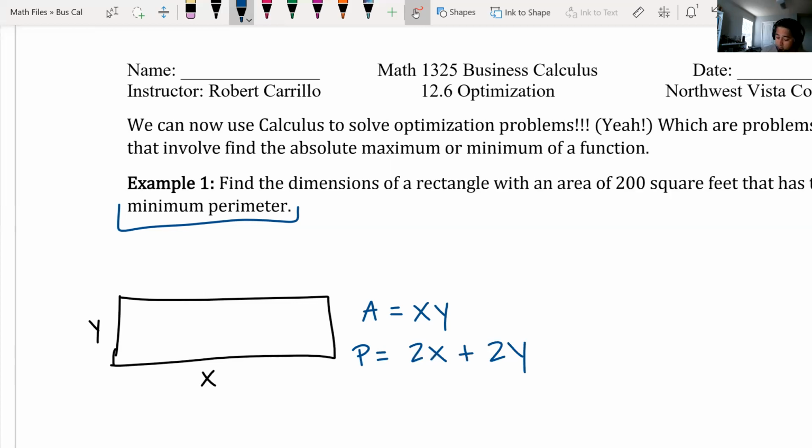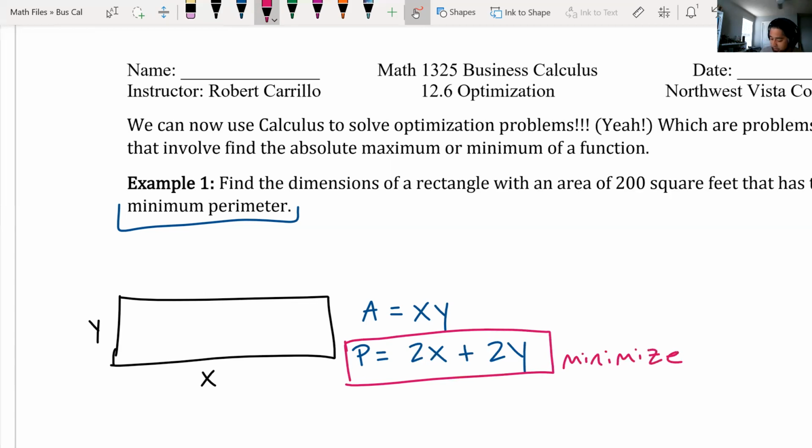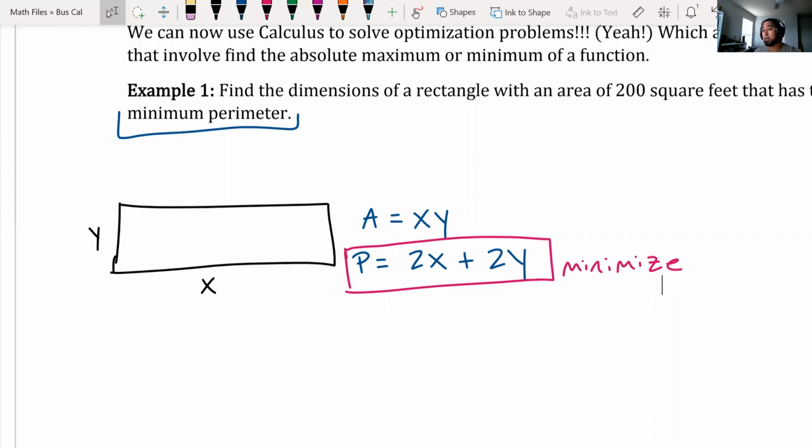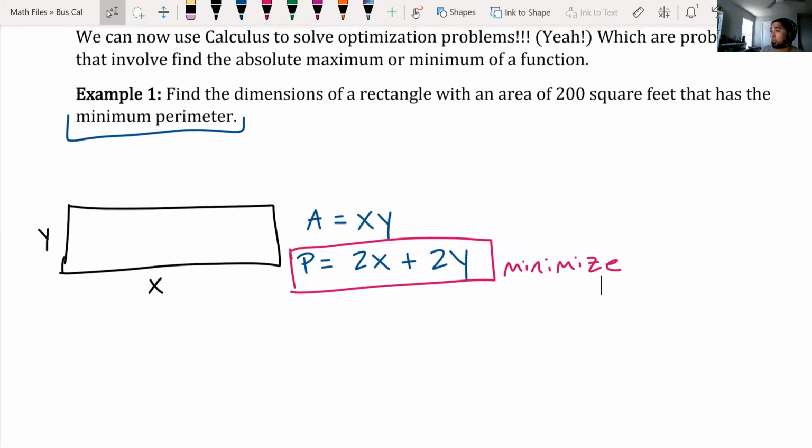It's our job to minimize the perimeter. But before we do so, we have to make a substitution with the information they're giving us. They're saying the rectangle has an area of 200 square feet.